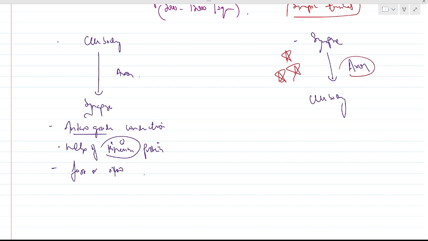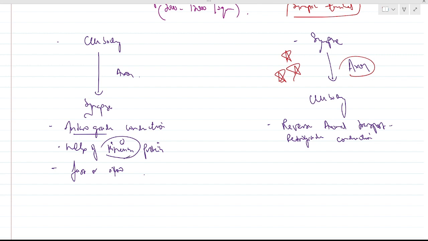Okay, now this is called reverse axonal transport or retrograde conduction, in the opposite direction, that is why retrograde conduction.